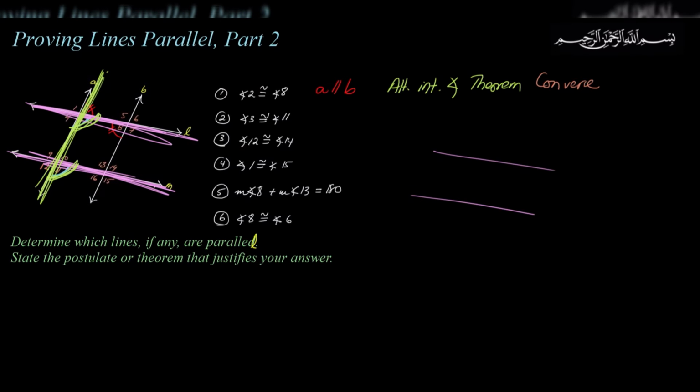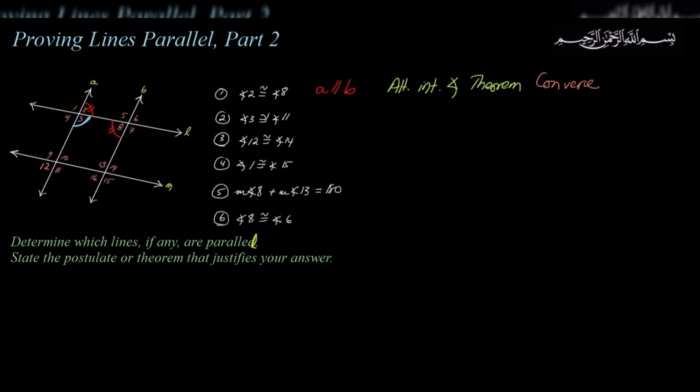So those two angles are corresponding angles. So it's like this. So I have those two lines, and we're told that these two angles are congruent. So from this we can conclude that line L is parallel to line M, and this is because of the corresponding angle postulate.